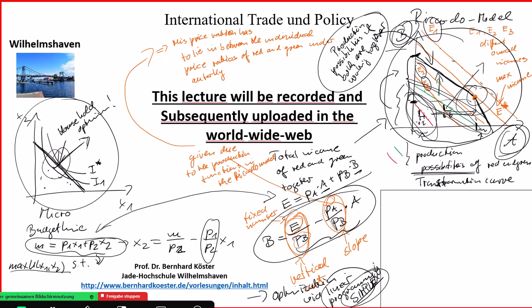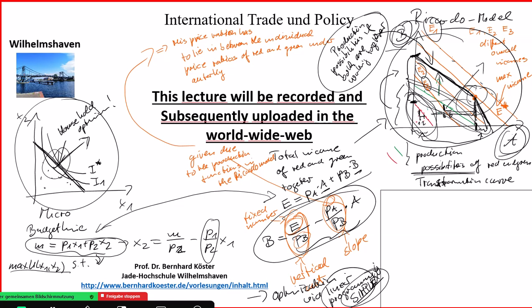So then you are just increasing to the maximum amount of A the green country could produce, and if you then even want to have more A, then of course you have to start also with the production of A in country red. And therefore this together represents the total production possibilities of both countries which are efficient.